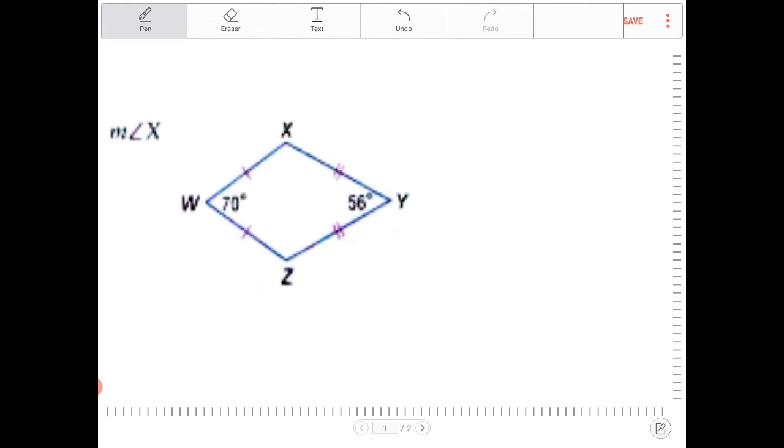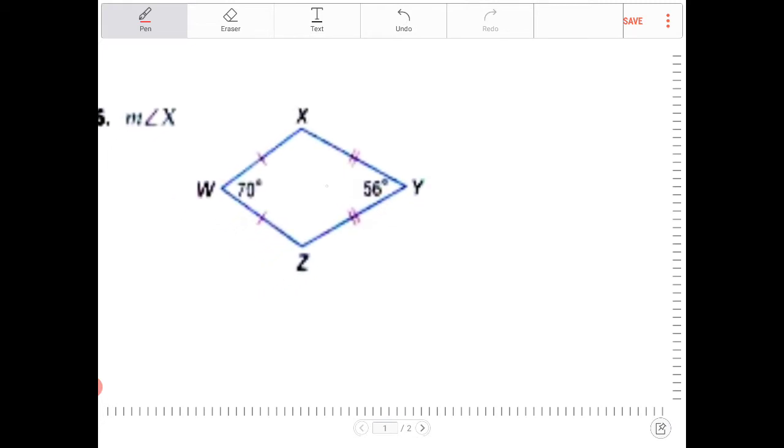I need to find out what angle X is. So in this case, these angles over here, I'm going to call x, angle x, those two angles have to be the same. So therefore I can say that 2x plus 70 plus 56 is equal to 360.